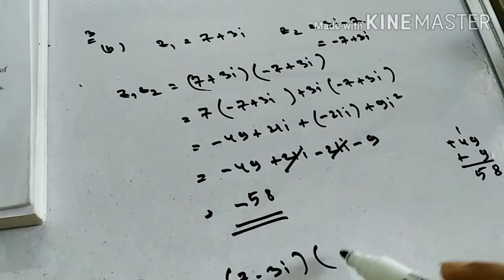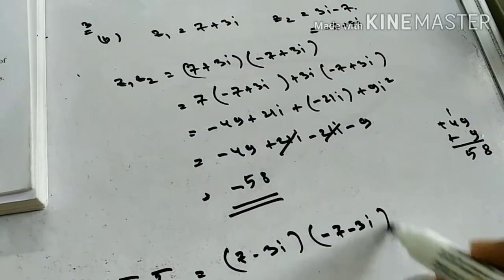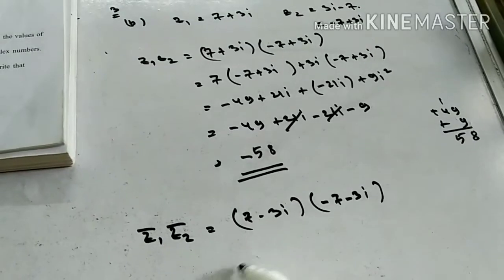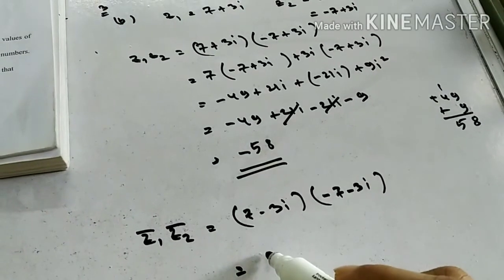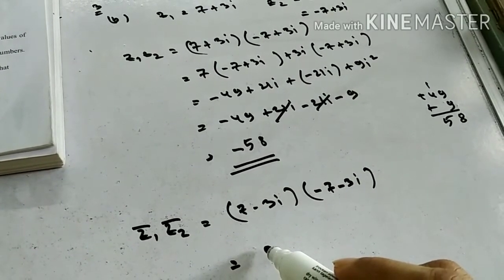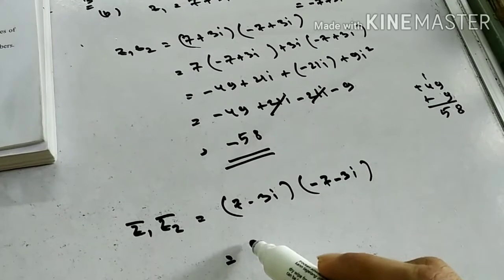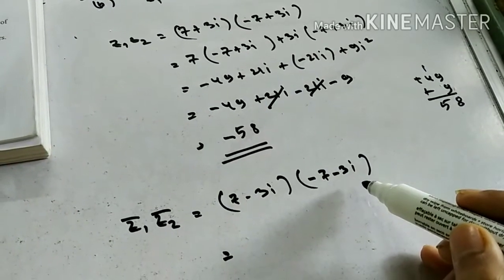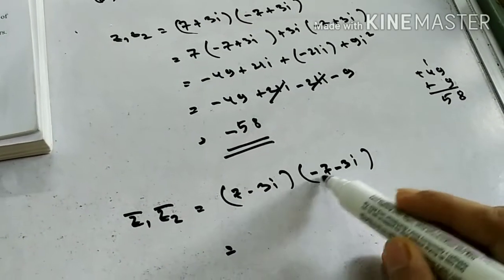So z2 bar will be minus 7 minus 3i. Now again if I multiply it, okay, let's do one thing here, let's take minus common.